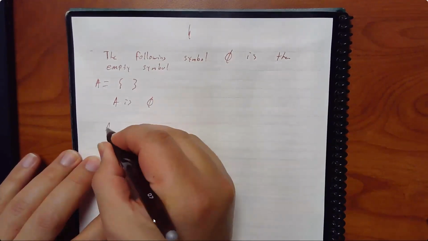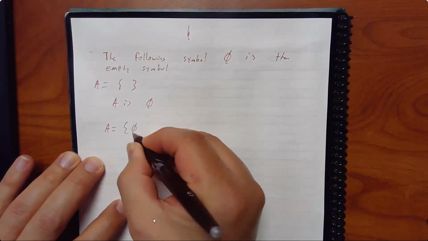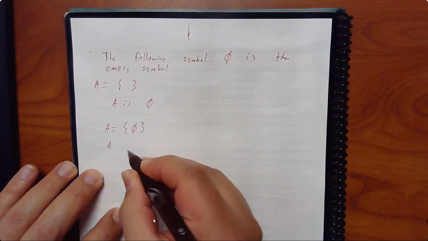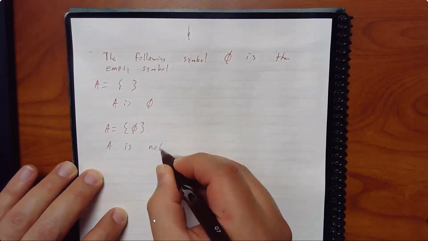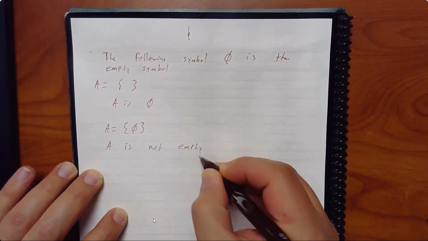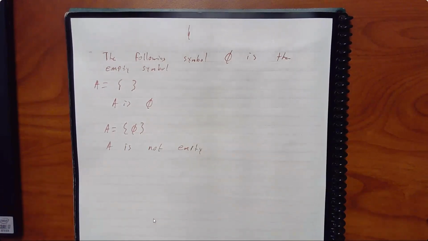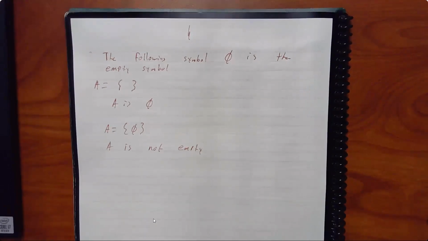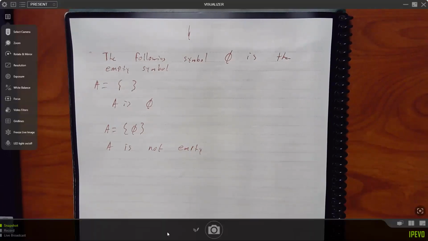If A contained the empty set, you would say A is not empty because it contains the empty set, which is kind of weird. Think about it: it's empty, but it contains the empty set. Shouldn't it be empty? No, because it contains the empty set. So super weird. It has to be literally nothing. So on the workbook, number 5C would be empty.